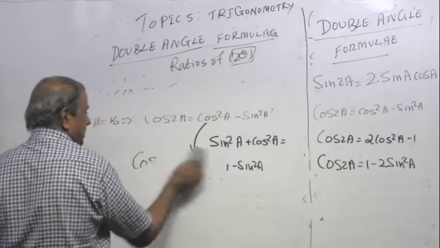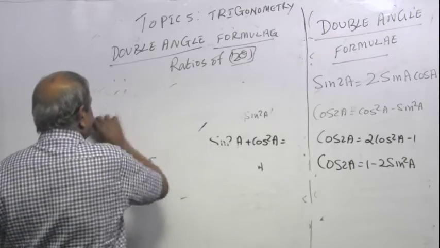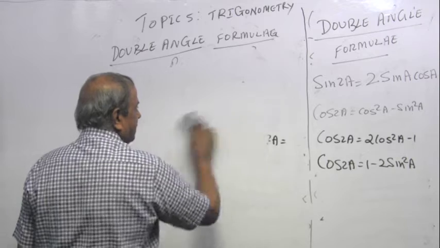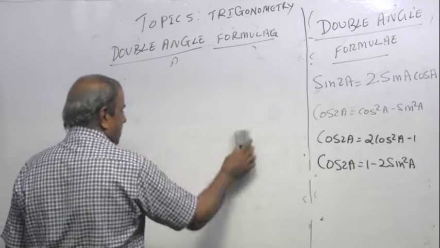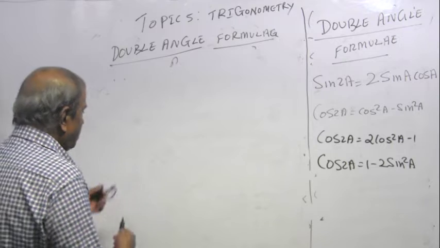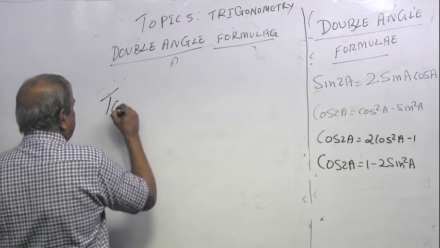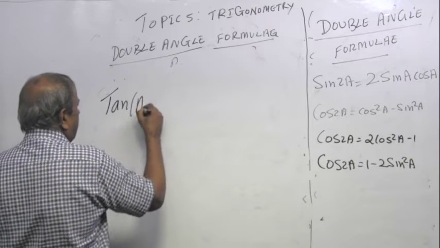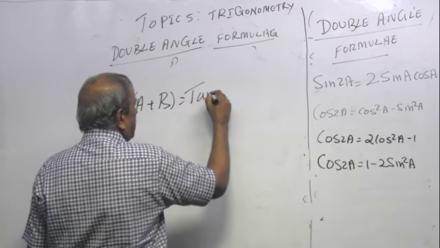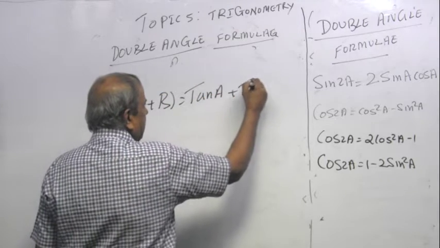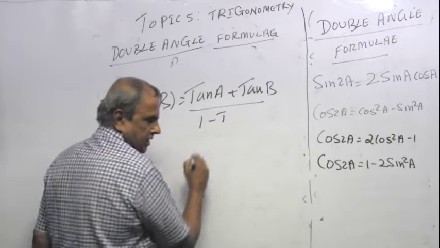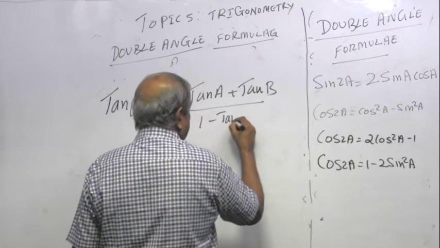Again, fairness. So if we have done sin, if we have done cos, we better do tan as well. What is the formula for tan of a plus b? Tan of a plus b is tan a plus tan b over 1 minus tan a tan b.